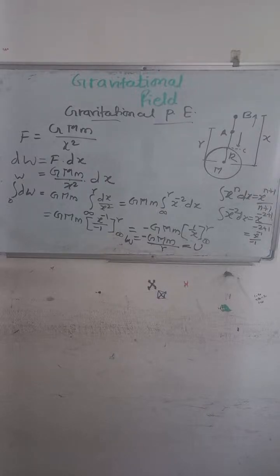The negative sign shows that the potential energy of a body is due to the attractive force of the earth on the body, to bring the body from infinity to a certain distance r. That is the reason work is done on the body due to the gravitational field of the earth. Getting this up to here? This is very, very important.